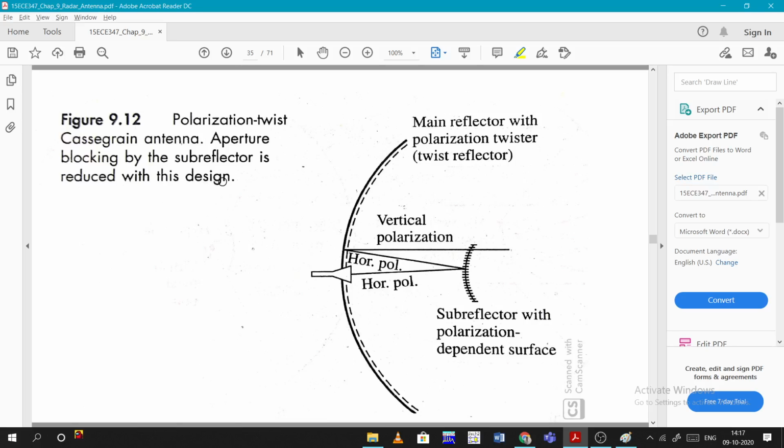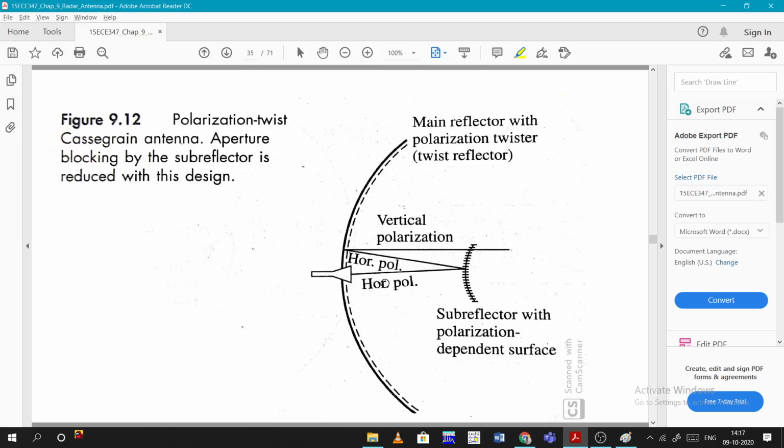And again, one more cascade is the polarization twist cascade antenna. There will be one more layer over the reflector, a polarization layer, for the subreflector and also for this, and according to the property of that polarization surface, it will go here.